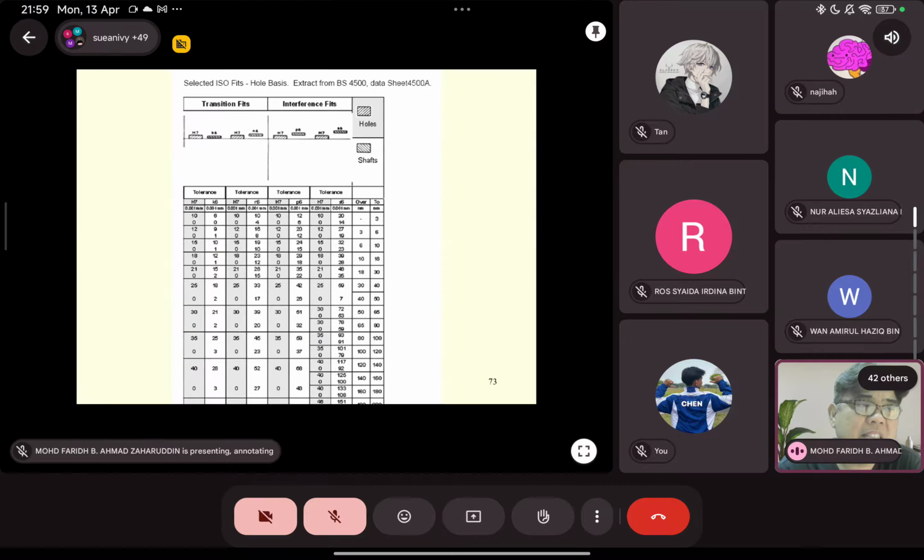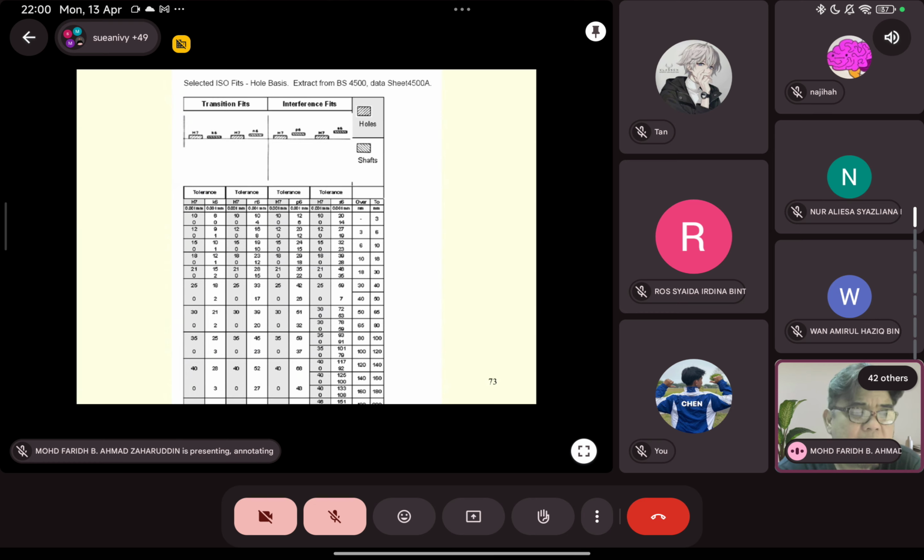Okay. This is the table of hole basis. That's why you can see all the norm size, basic size of capital H, all this is in the zero line. The size of the shaft varies: K6, N6, P6, S6.